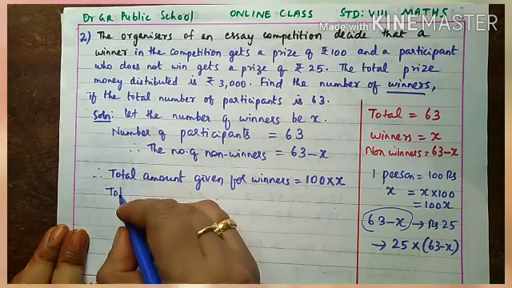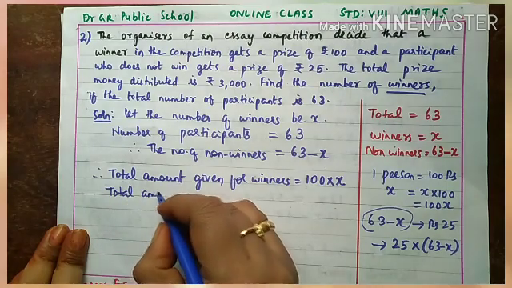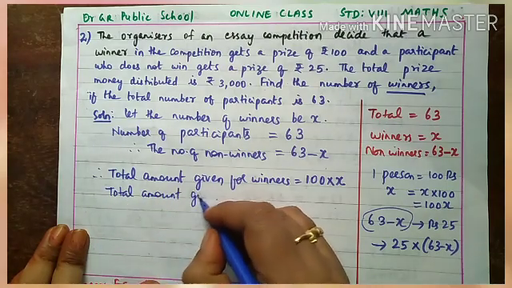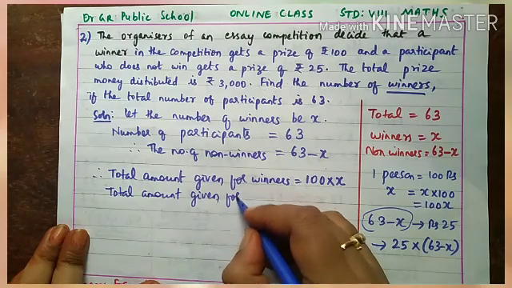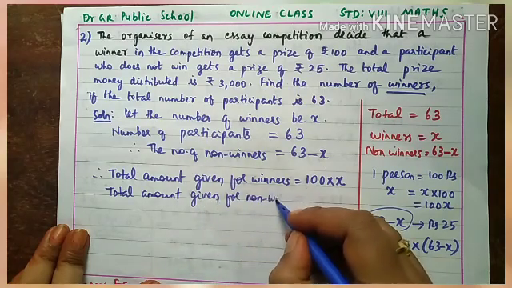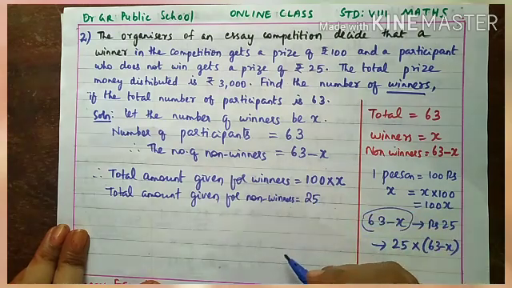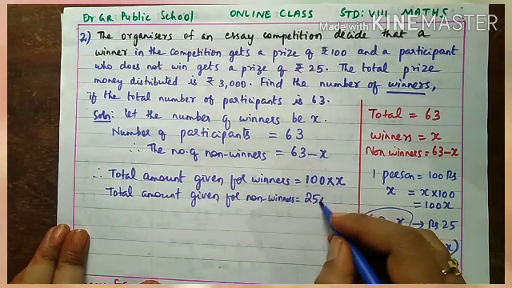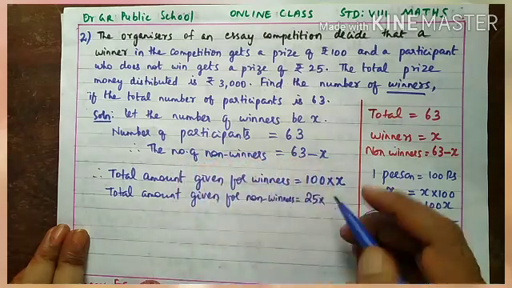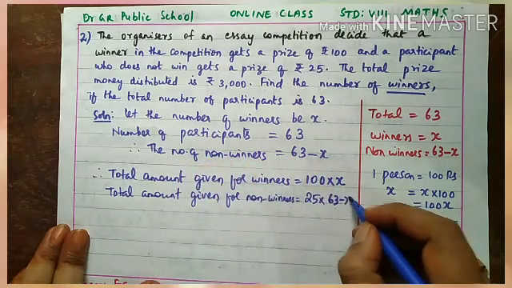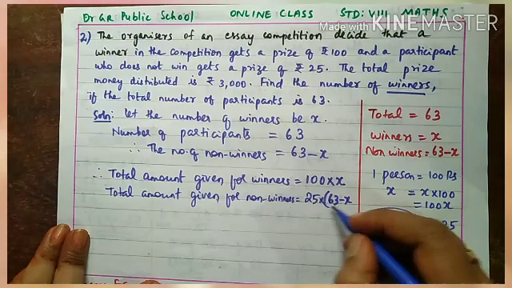Similarly, total amount given for non-winners is 25 rupees each, 25 rupees into the number of non-winners, 63 minus x. Because there are two terms, we want to apply a bracket.